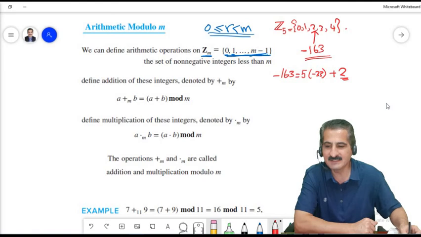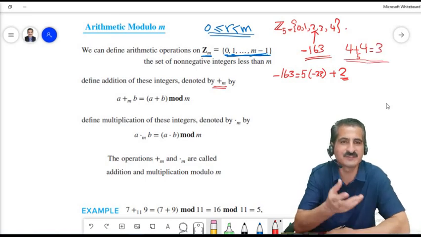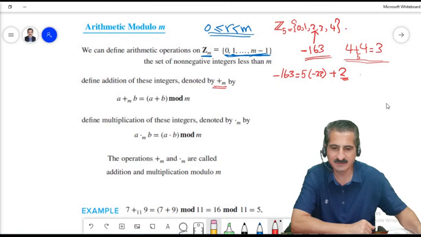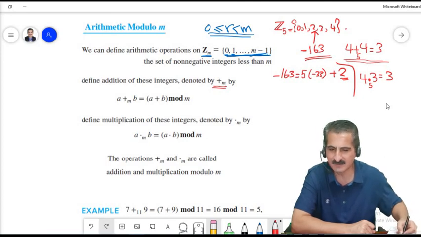And inside Z_m, when we add, we will use this notation. For example, 4 plus 4 modulo 5 is 3, right? Because 4 plus 4 is 8, and 8 is congruent to 3. And 4 times 3 is 12, and 12 modulo 5 is 2.